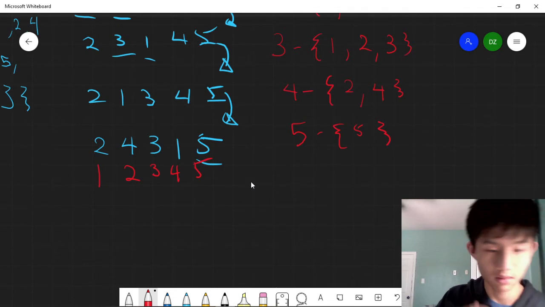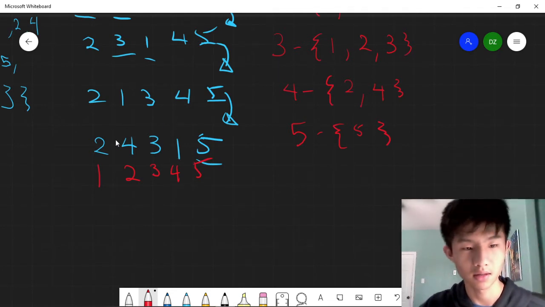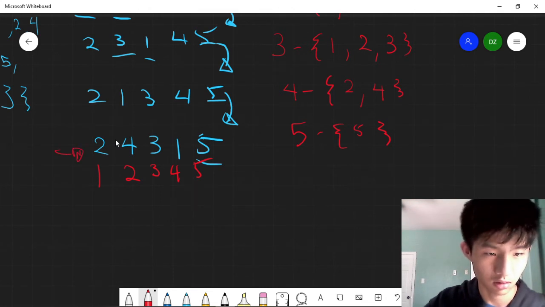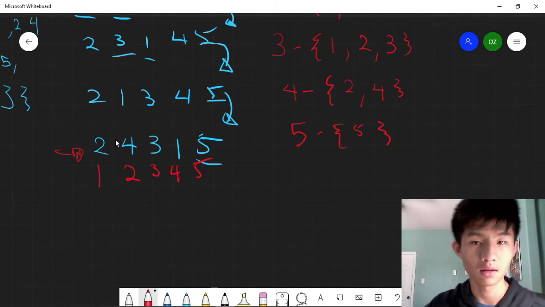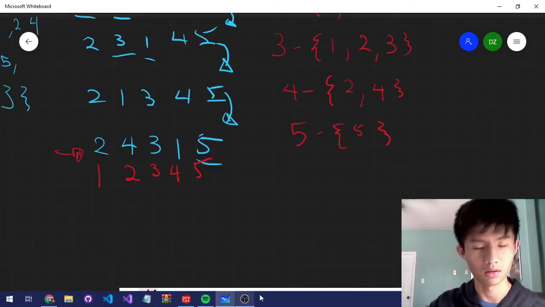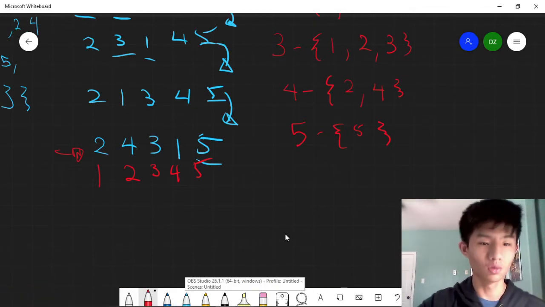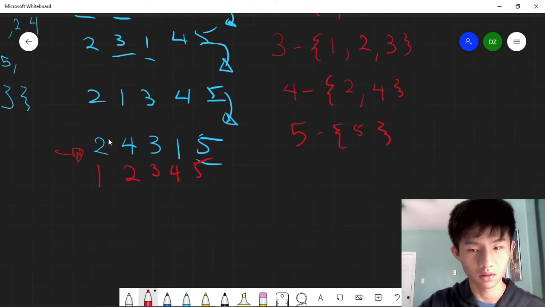Every time you do k swaps, this ending permutation changes. They swap around, and when they go through another k swaps, it's going to go through the same order in that fashion. So 2 becomes the new 1, 4 becomes the new 2, this becomes the new 4, 1 becomes the new 4, and they keep swapping around.